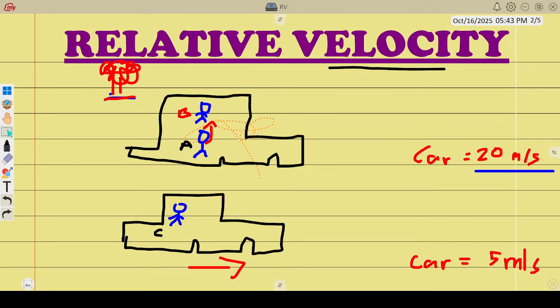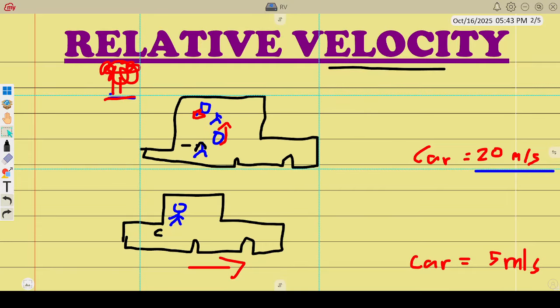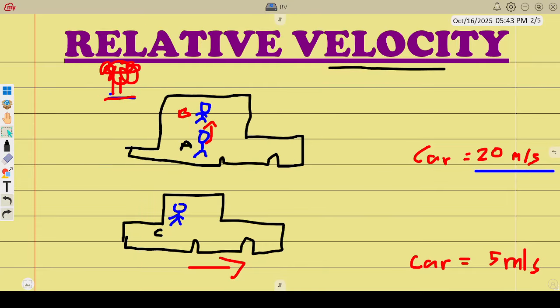Now the concept I want you to understand is that we're going to compare person A with person C, and then observe what happens to the velocity.